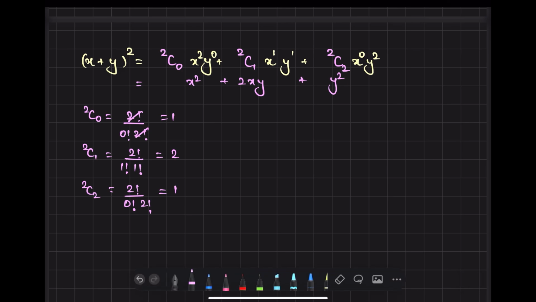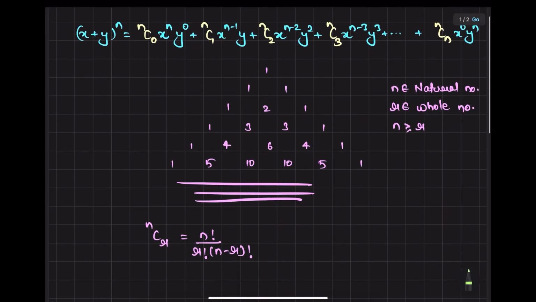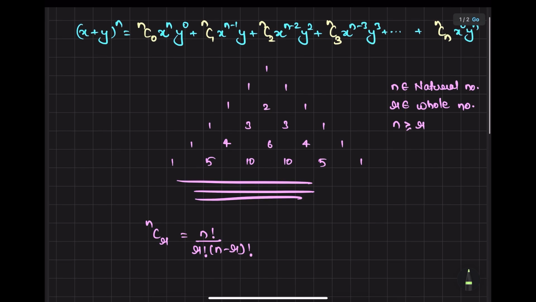Now you have to observe something. Some observations you have to write. Try to observe this part, and just focus on the number of terms.